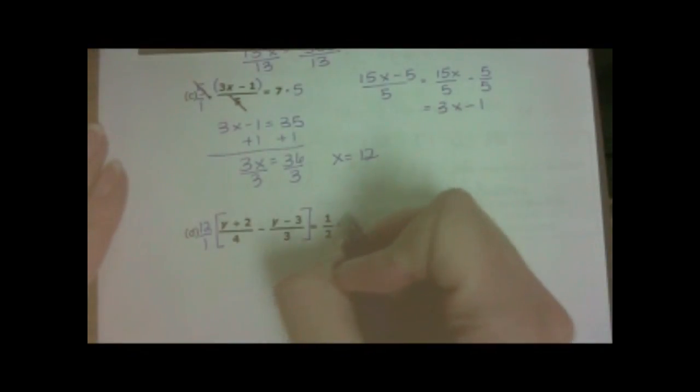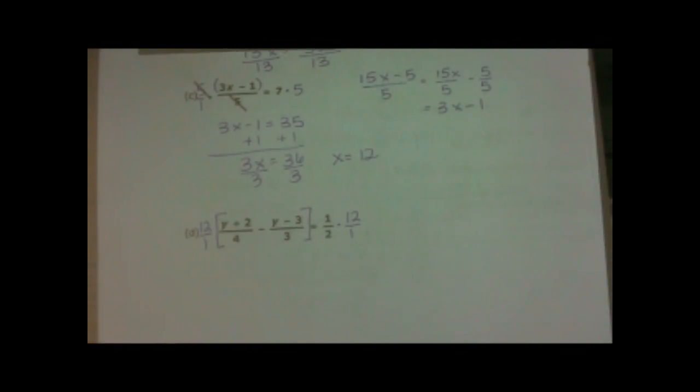Over here, multiply by 12 over 1. Now, what I'm going to do here to distribute is make it look like this. I'm not going to distribute the 12 to the y and the 2 and the y and the negative 3.